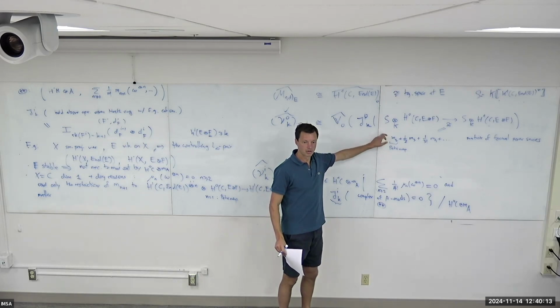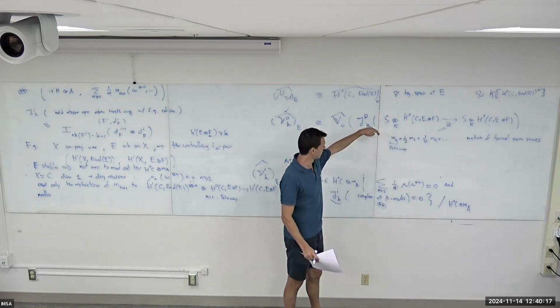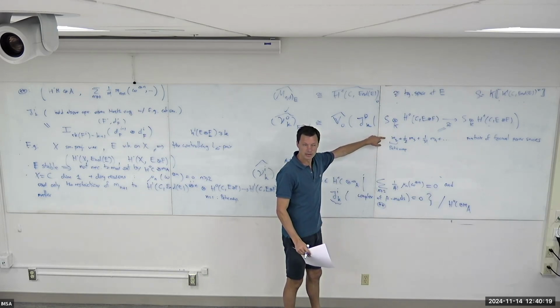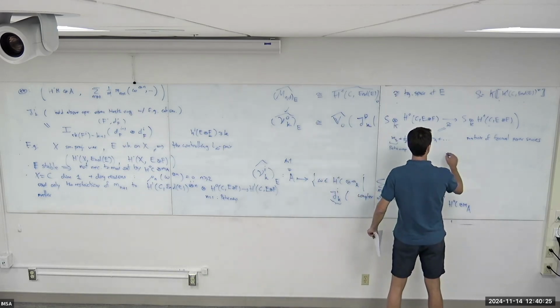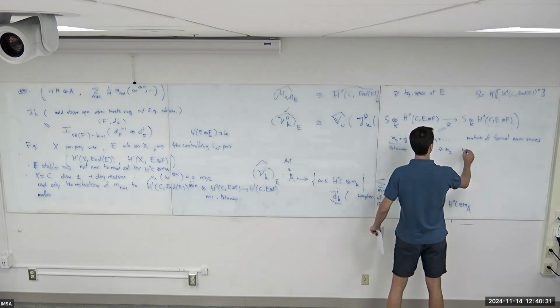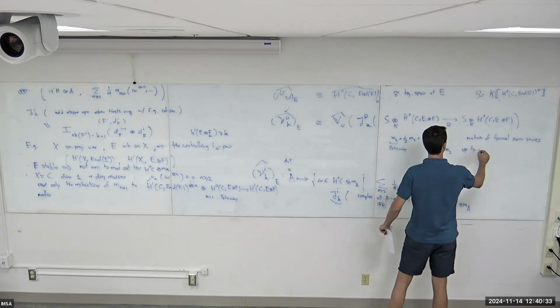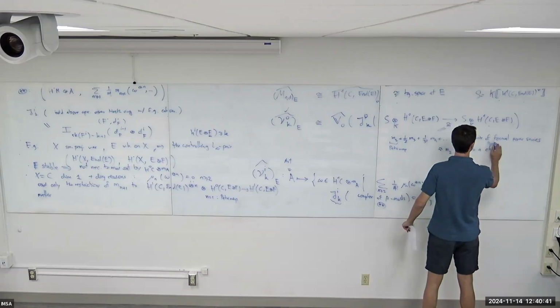So if you have a matrix of formal power series such that the linear parts of those entries are generic, then you can change variables formally. So this is equal to M2 up to a formal change of variables.